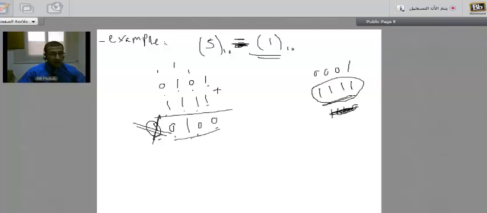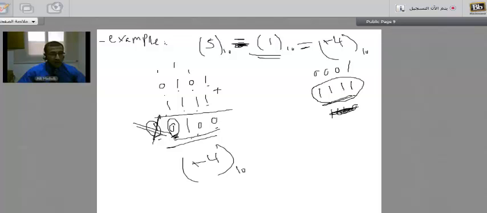So just concentrate on the actual number. The most left-hand bit is 0, which is positive. So we have plus 4 in decimal. So again, 5 minus 1 equals plus 4.